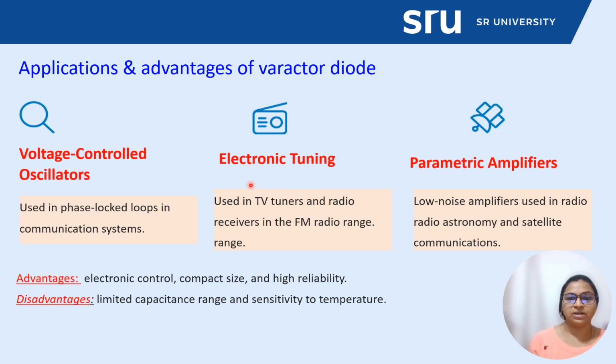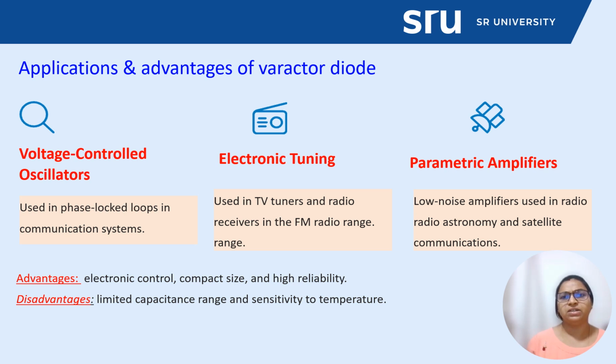Mainly, if we classify the major applications, it can be used for voltage control oscillators, electronic tuning and parametric amplifiers. With voltage controlled oscillators, the Varactor diode is used in phase locked loops in communication systems. In electronic tuning it can be used in TV tuners or radio receivers in the FM radio range.